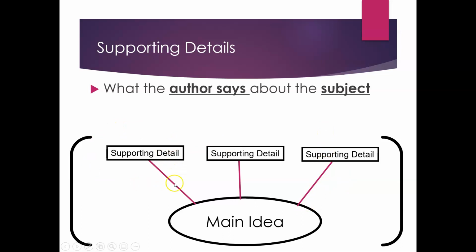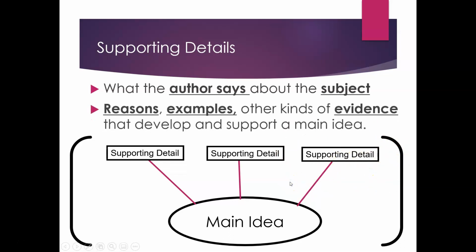Supporting details help make the main idea strong. Supporting details support the main idea. Supporting details can be reasons, examples, or other kinds of evidence that develop and support a main idea.